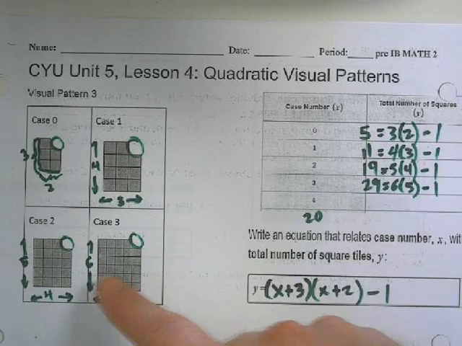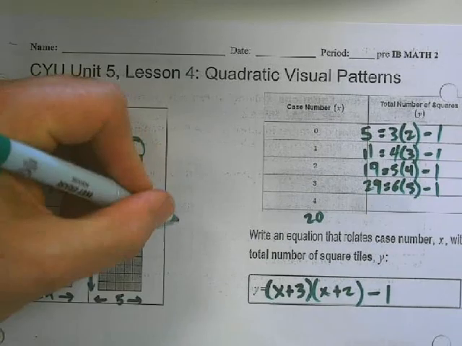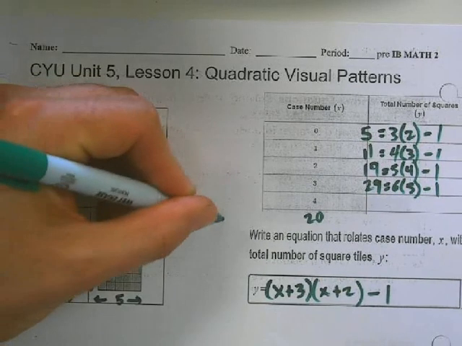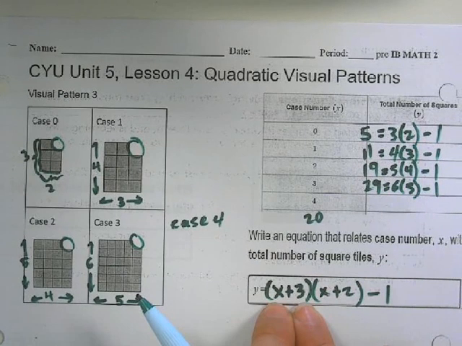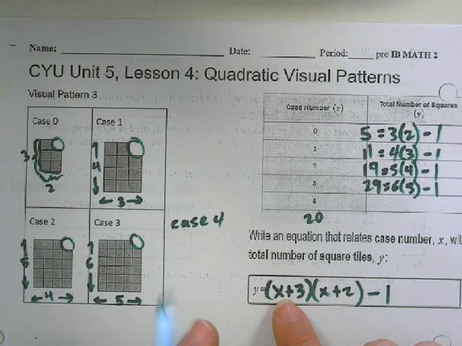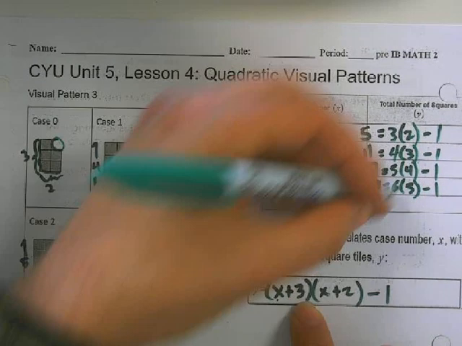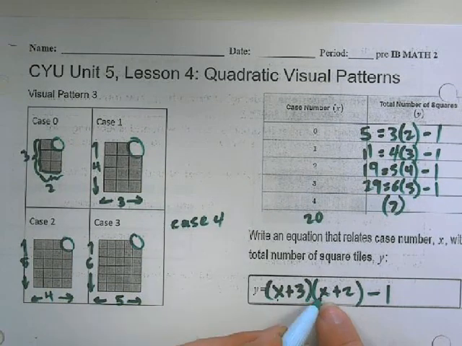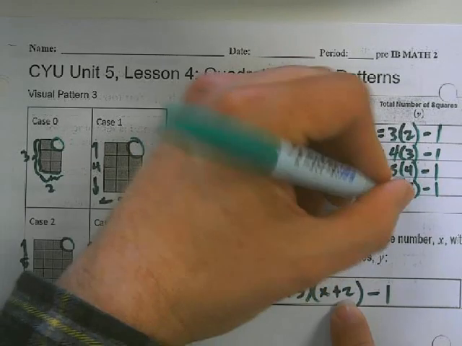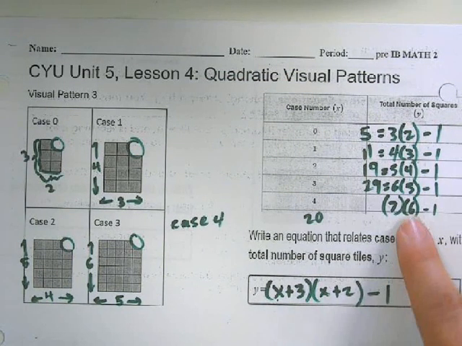In case 4, if I plugged in 4 for x, we would have 4 plus 3, which would be 7. And if I plug in 4 for x, we would have 4 plus 2, which would be 6. And once again, we subtract 1. And notice it meets the pattern.